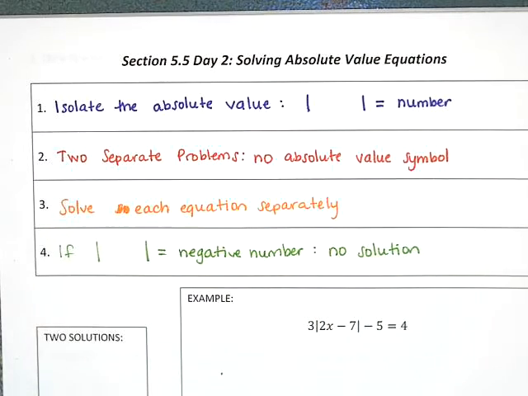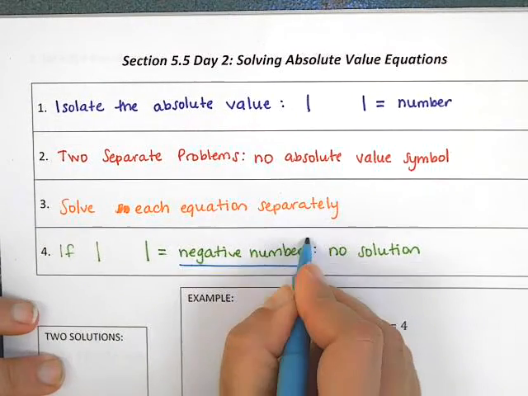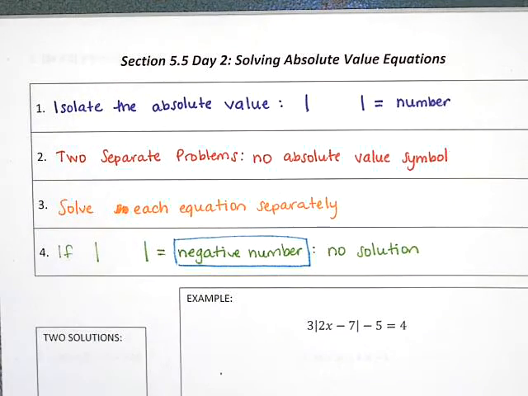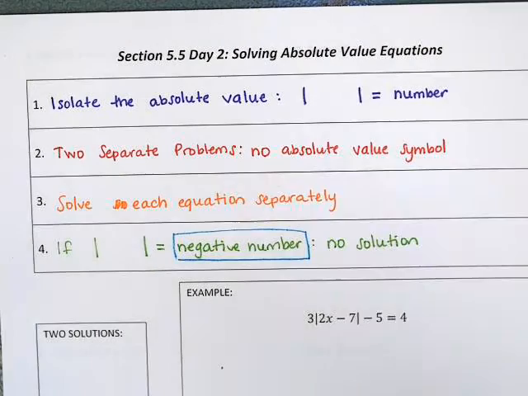The reason is because when you take the absolute value of something and you equal a negative number, that is impossible. An absolute value is always going to give you a positive number. Now, you can only make this determination after you have isolated the absolute value. So we'll look at an example that works out like that in a second.